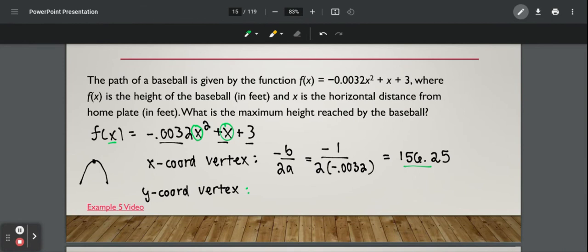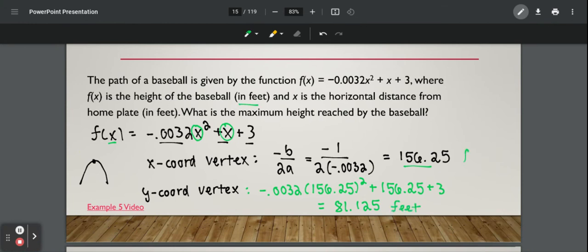So your y coordinate would be negative 0.0032 times 156.25 squared plus 156.25 plus 3. And if you go through and calculate all that, you get 81.125.